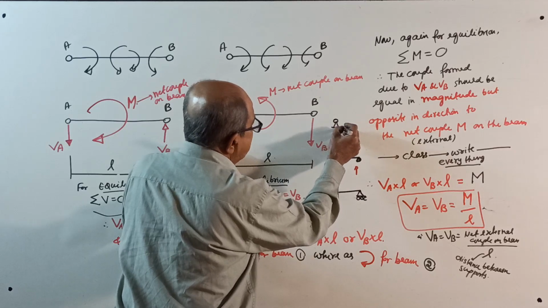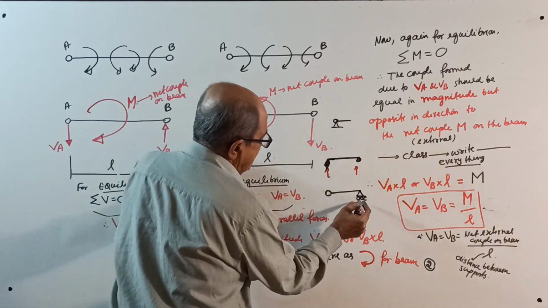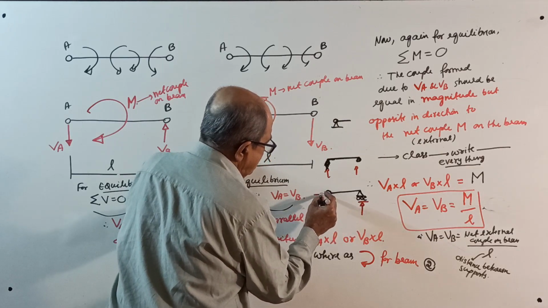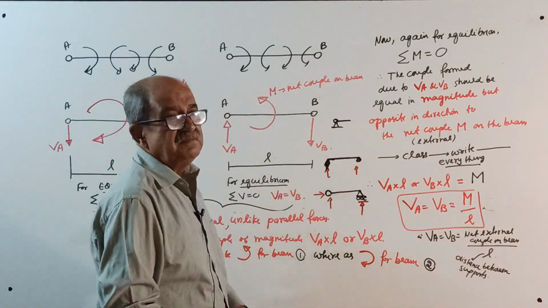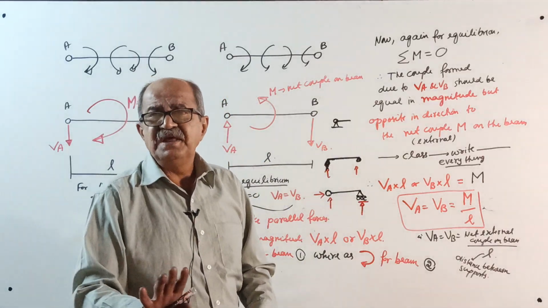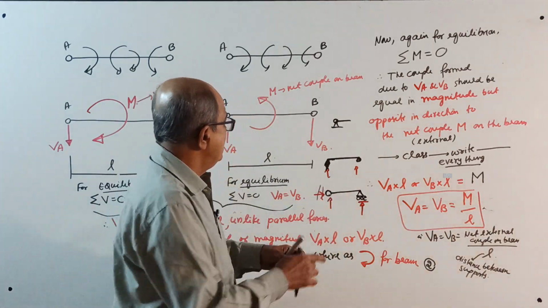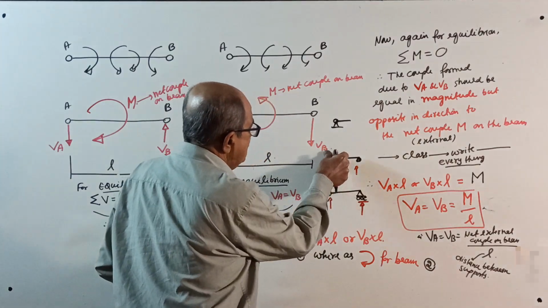Sometimes they show the pin like this also. Both are the same. Then vertical reaction here, vertical reaction here, horizontal reaction here. But we are not considering horizontal reaction. Remove it.